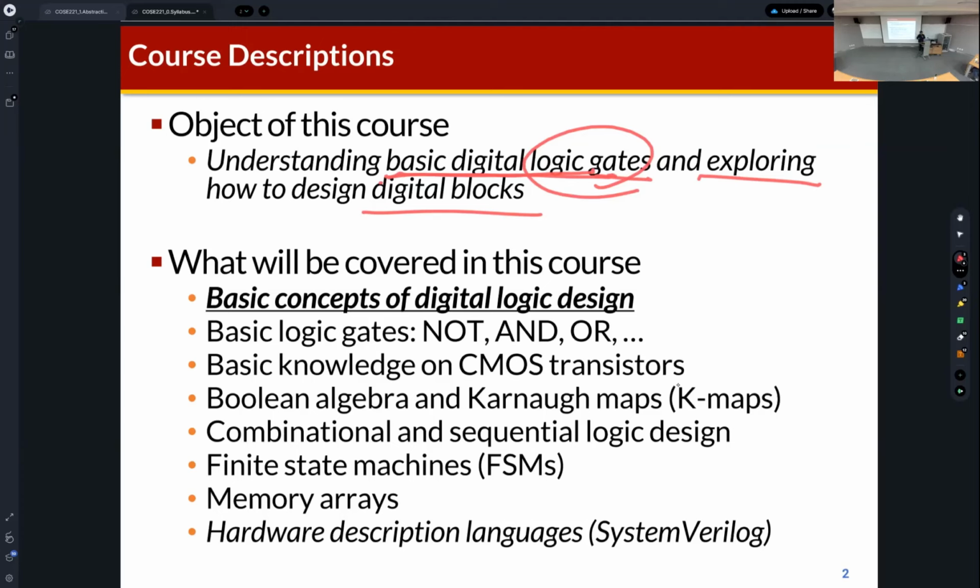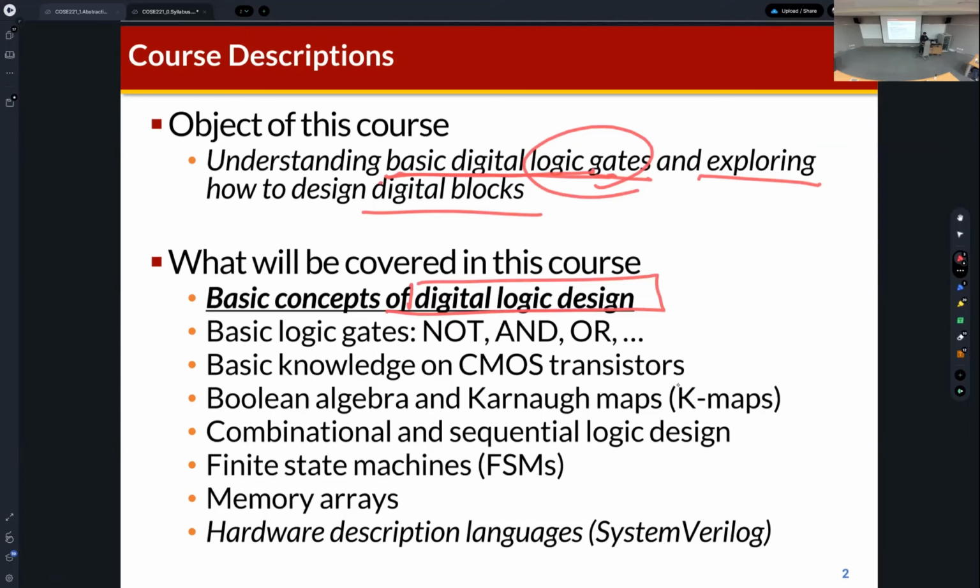If a system handles digital signals, then the system is called a digital system. Which means that you need to understand digital signals or digital data. This is very fundamental knowledge on computer systems. In this course, you will learn the basic concepts of digital logic design.